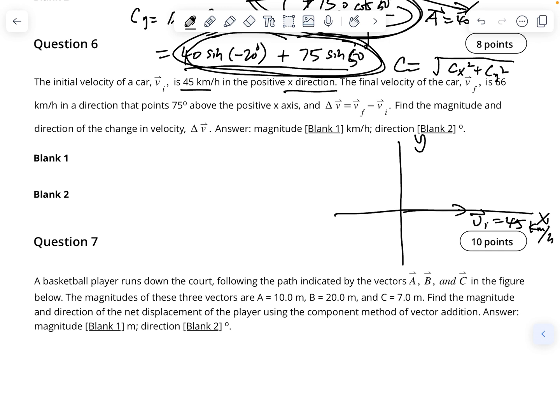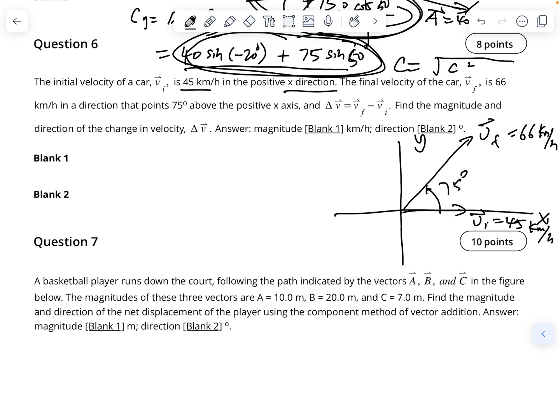The final velocity VF is 66 kilometers per hour in a direction 75 degrees above the positive x-axis. Okay, so 66, right? So this one is VF. Okay, this angle is 75 degrees.